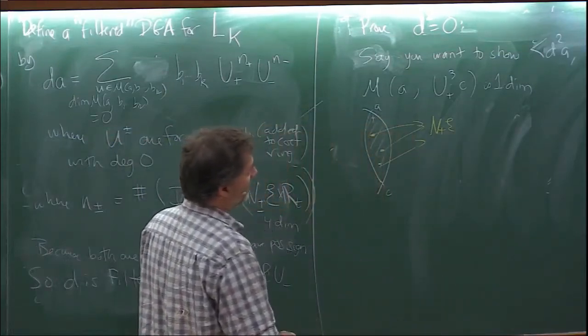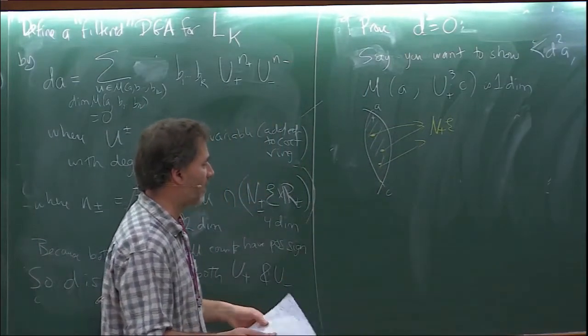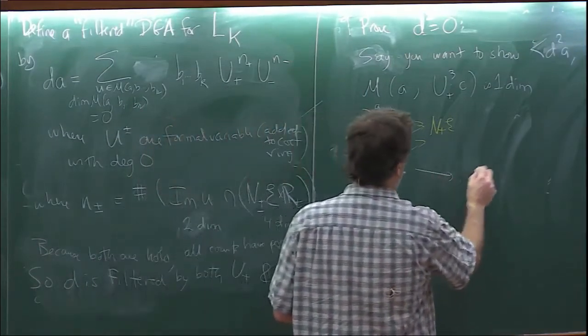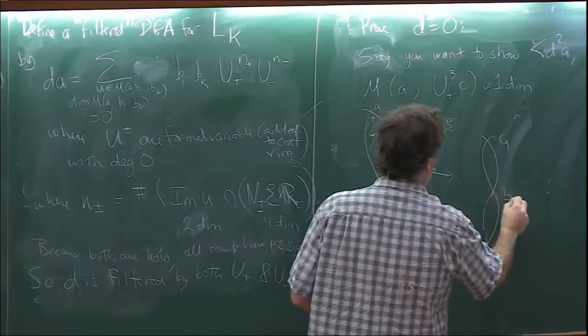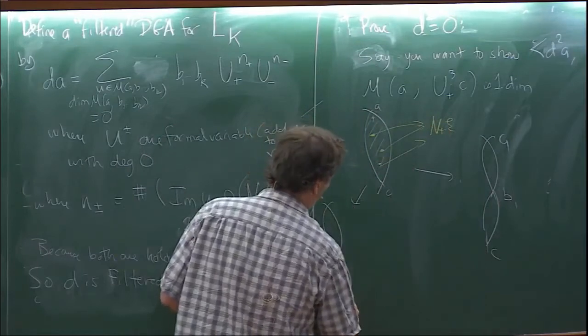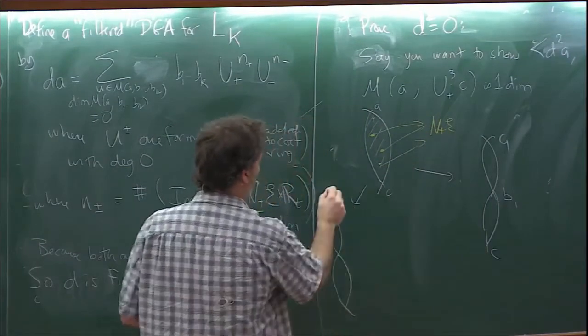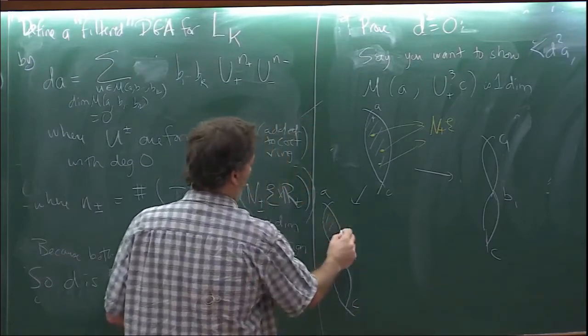Okay, and what happens when you're looking at one of these moduli spaces? You look at the compactification of this, and it might have something like this, or something like this. I'm going to ignore all the other bubblings that I talked about last time and just focus on what happens to these points.